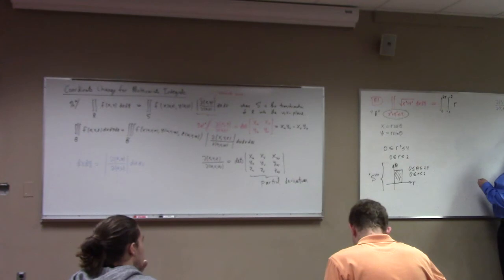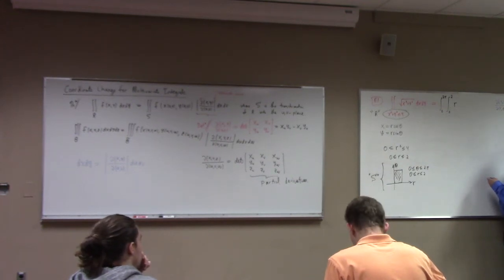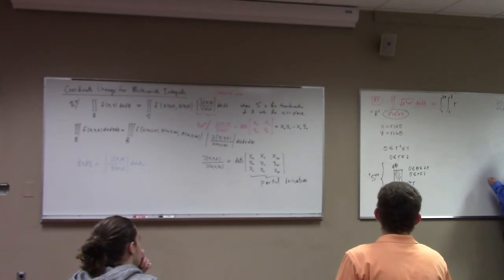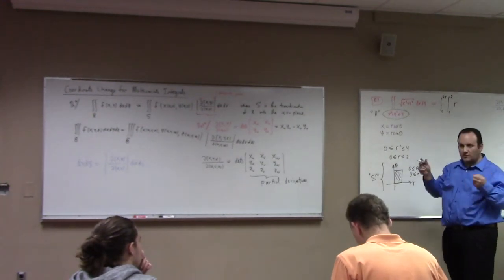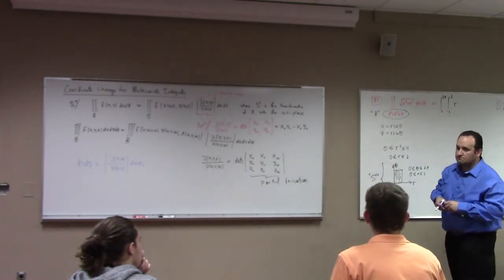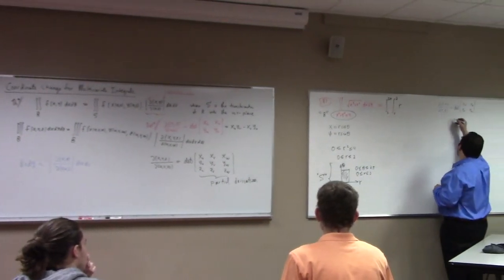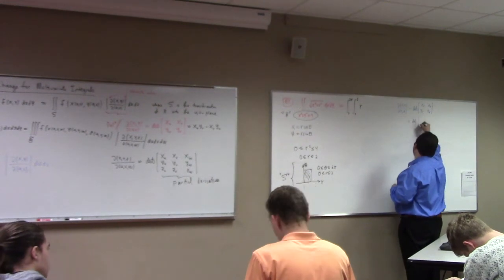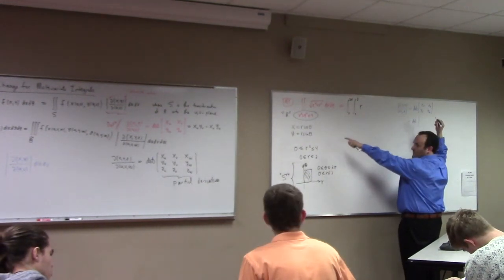So we should be looking at the determinant of x_r, y_r, x_theta, y_theta in this context. My r is u, my theta is v, quote unquote. All right? But what is that? What is the partial derivative of x with respect to r?